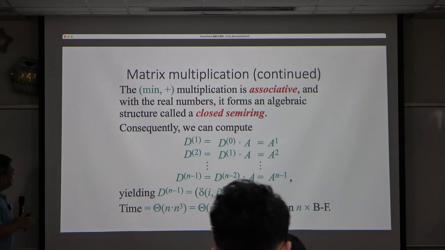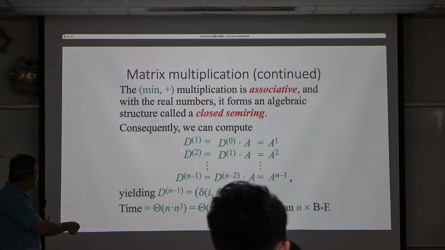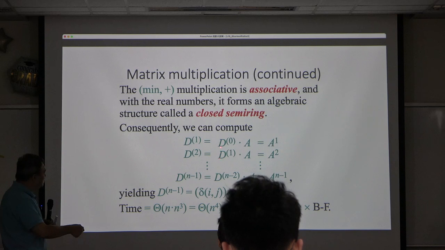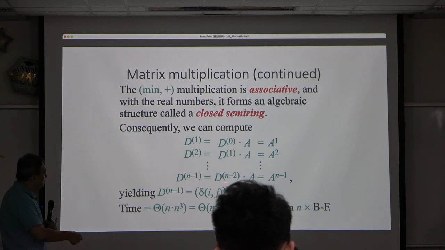So consequently, we have D^1 equal to D^0 times A, which is A to the power of 1. D^2 equal to D^1 times A is A squared. And so on, D^(n-1) is equal to A to the power of n-1.